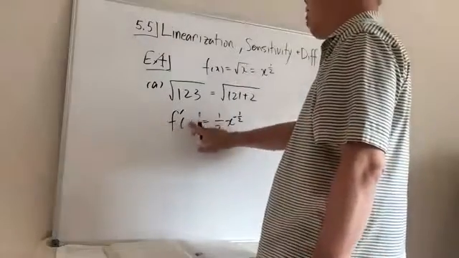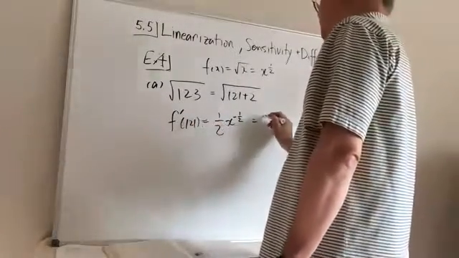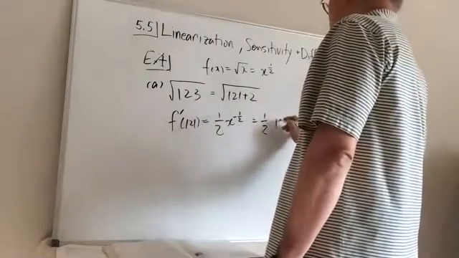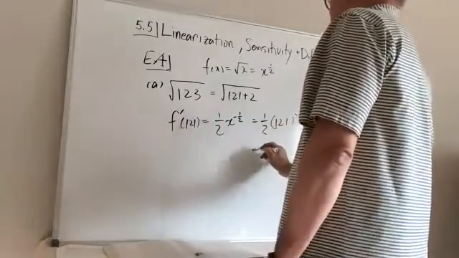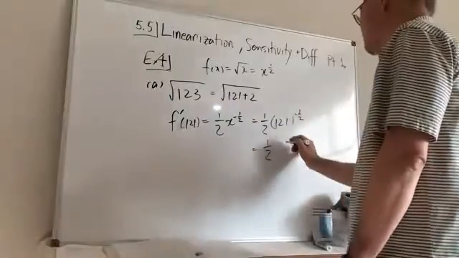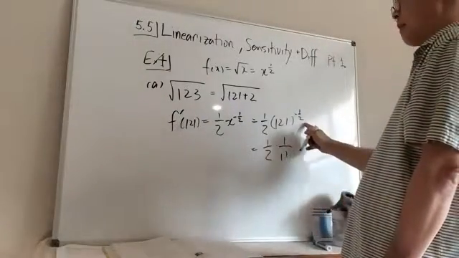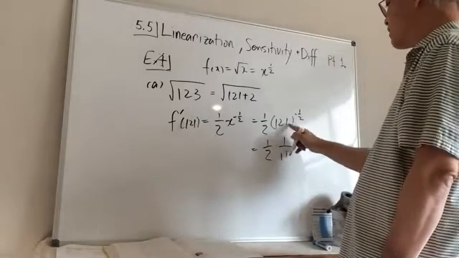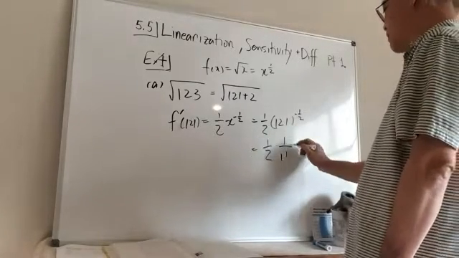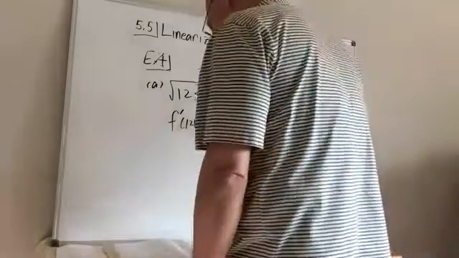If I put 121 in here, what do I get? 121 to the negative 1/2, times 1/2, is going to be equal to 1/11, right? The square root of 121 is 11. There's a negative there, so it goes in the denominator. So I get 1/22.